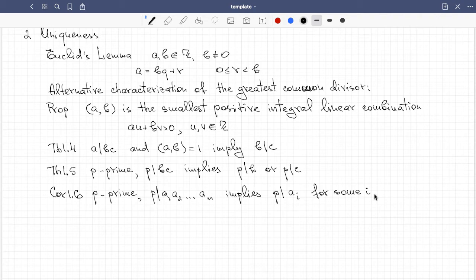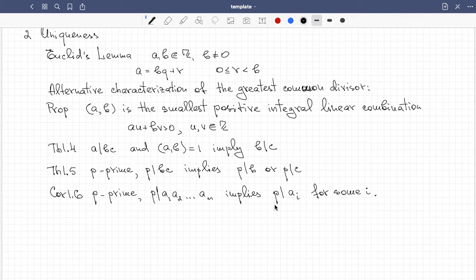Or another way to say that, there exists an i such that p divides ai. Anyway, p divides a product of many integers implies p must divide at least one of them.